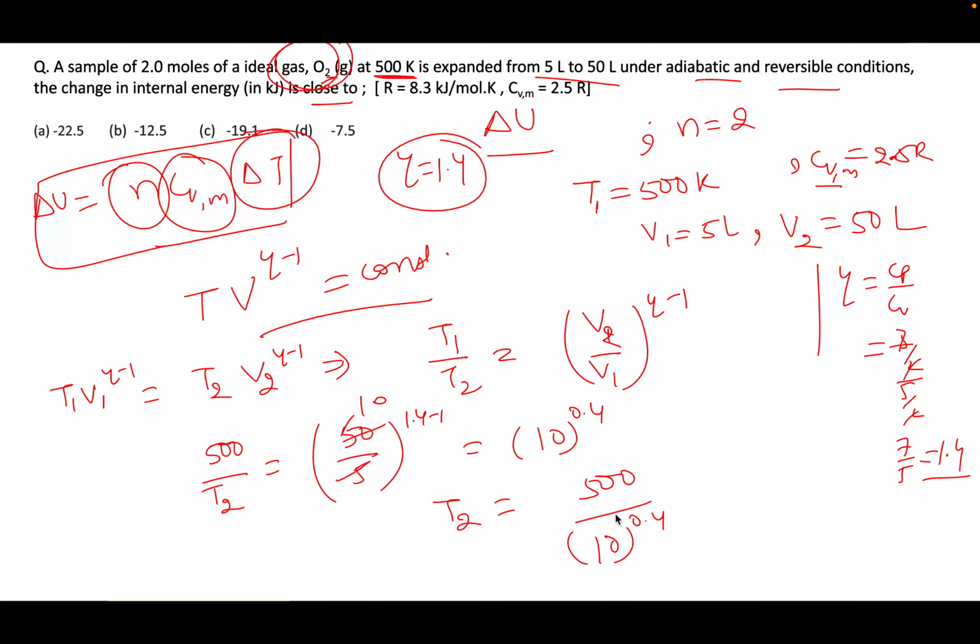Just calculate this value. 10 to the power 0.4 is 2.511, so we can consider it as 2.5. This gives 200. Temperature T2 is 200 and temperature T1 is 500.